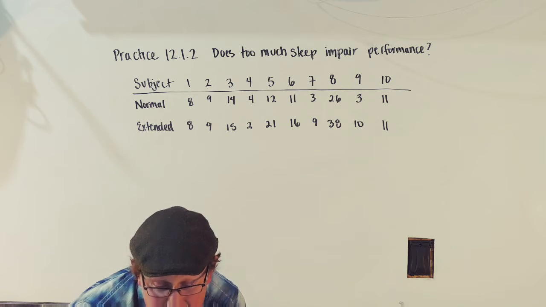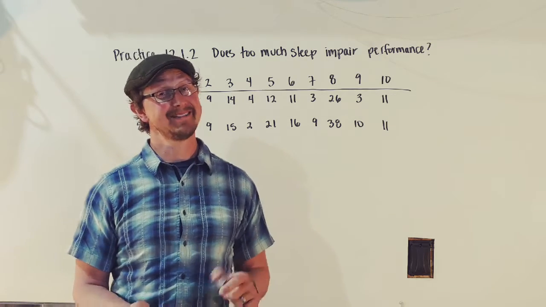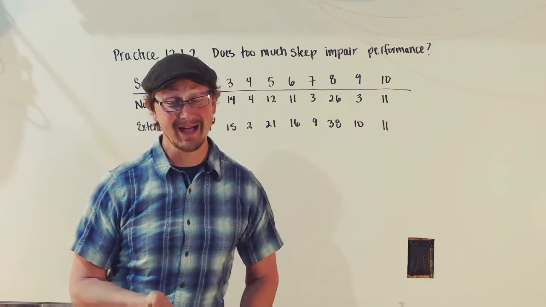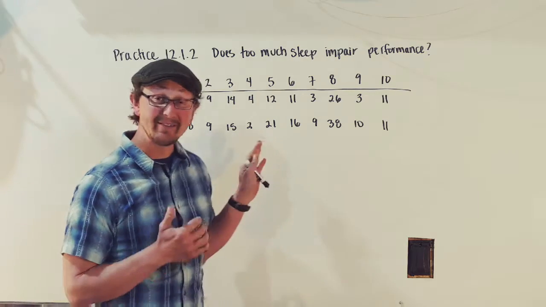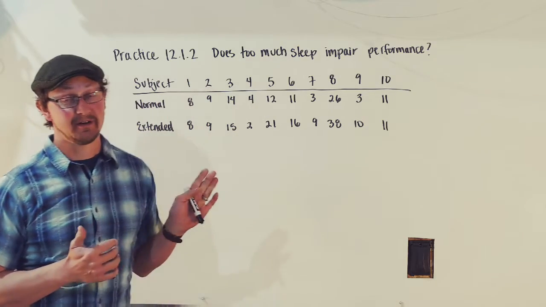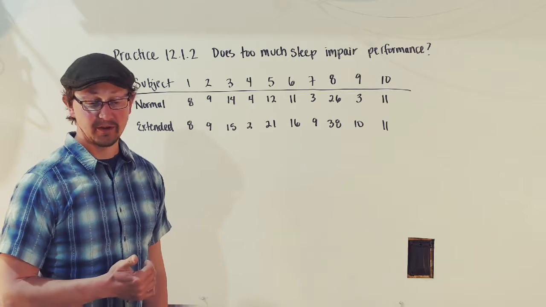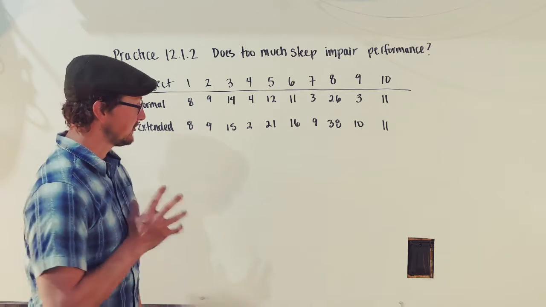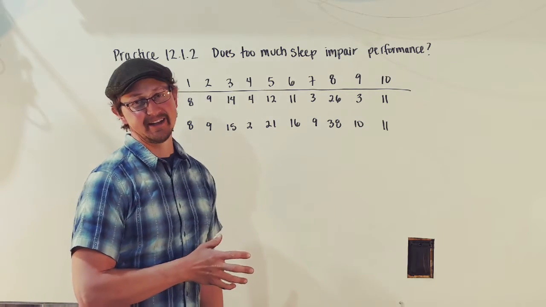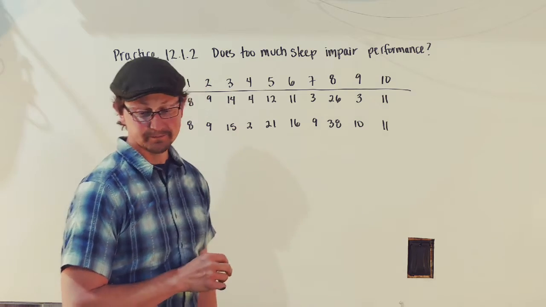So we have to assume simple random sample, and we have to assume normality. So ultimately, we have a pretty weak study going on here. We're going to carry on just so we can get some experience with this, but the results of this study are going to be questionable.